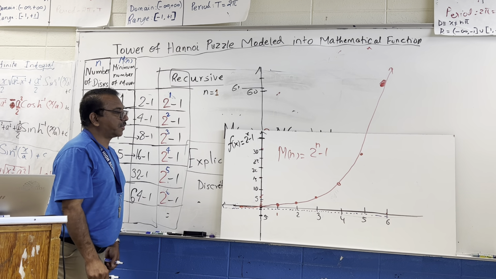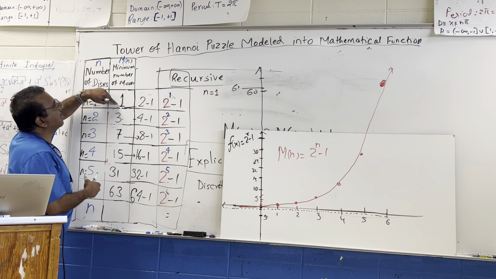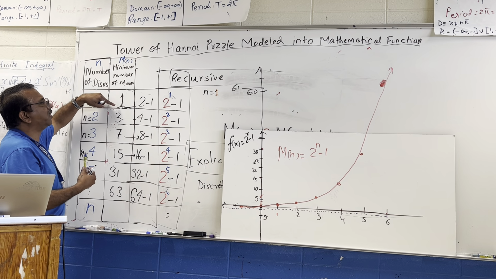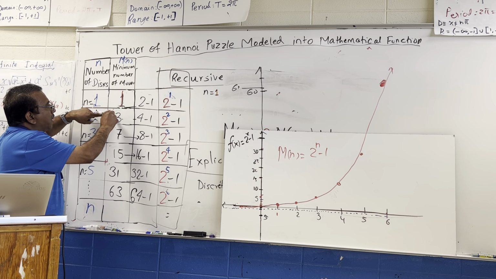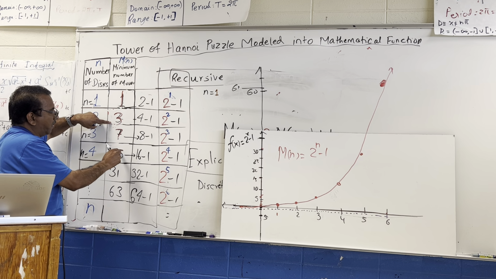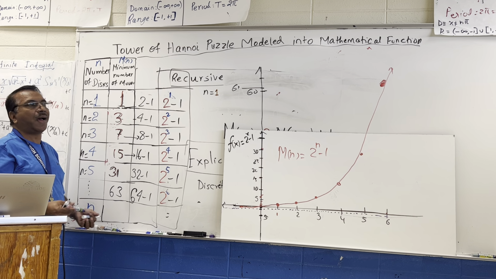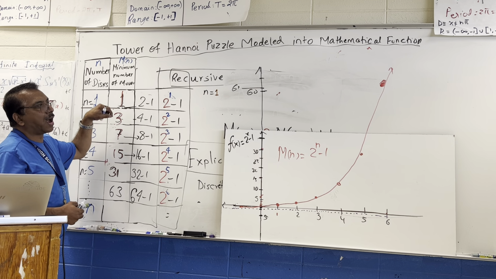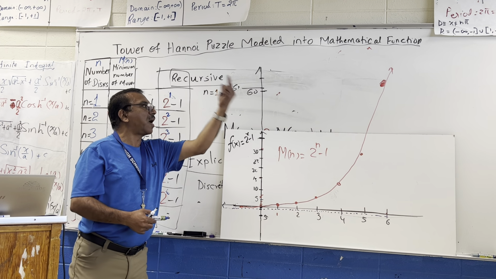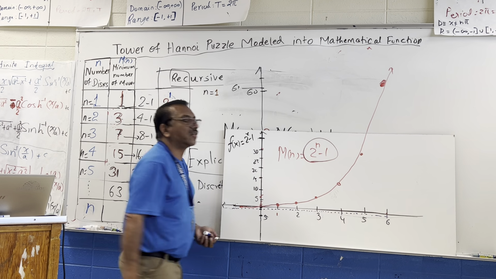I hope that helps you understand that the main thing is the minimum number of moves needed to move the disks. The numbers 1, 3, 7, 15, 31 are beautiful numbers. They are not random; they are representative points of the graph of this function. So we get a beautiful exponential function.